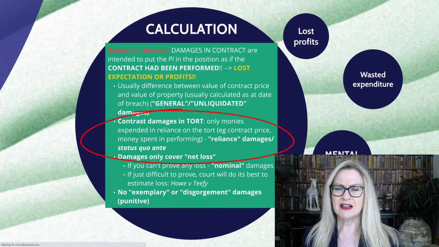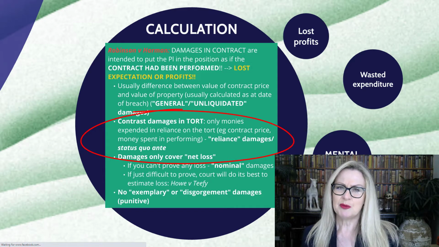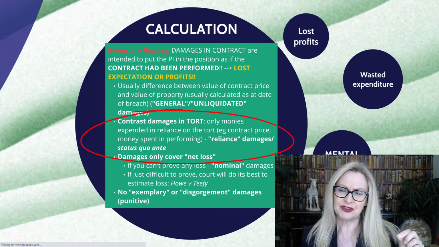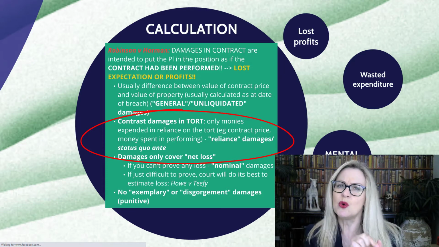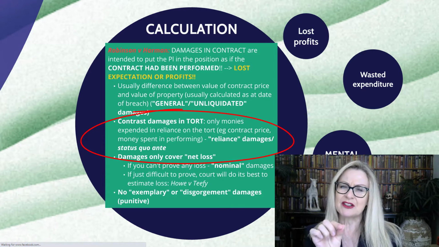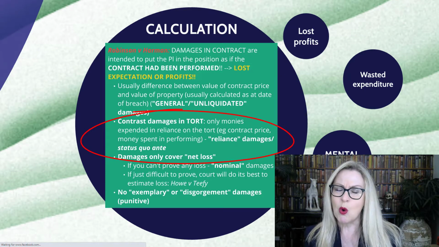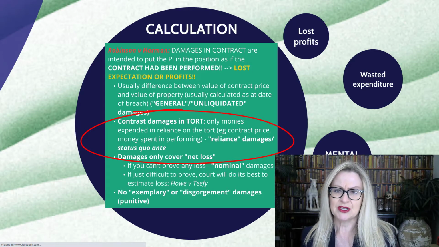The idea behind tortious damages is that you're getting the plaintiff back into the position that they would have been in had that wrong never been committed, had the tort never happened, okay? You're getting the plaintiff back to what we call the status quo ante, another awful Latin phrase, how they were at the beginning before the tort happened.